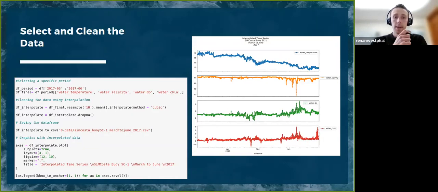We selected some parameters such as chlorophyll, dissolved oxygen, salinity, and water temperature, all of them from the surface. And we also thought that there could be an important oceanographic event in this period because of the spikes.